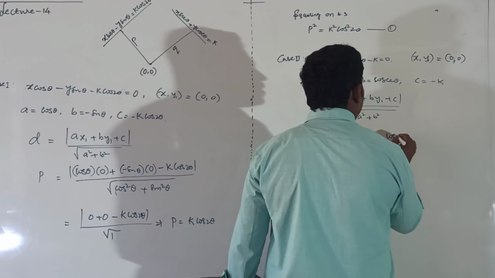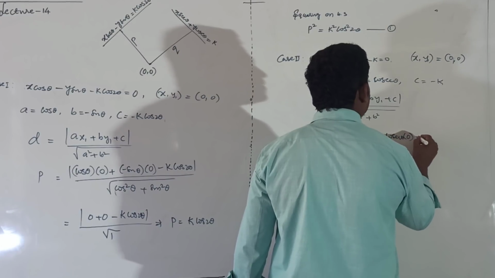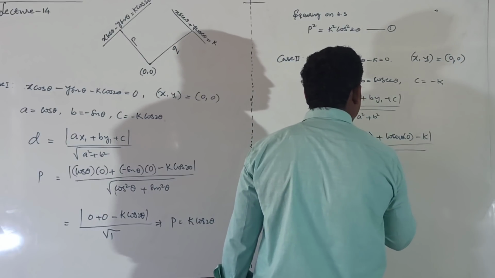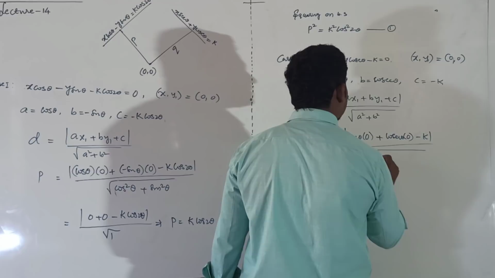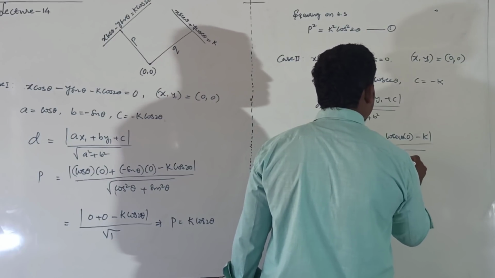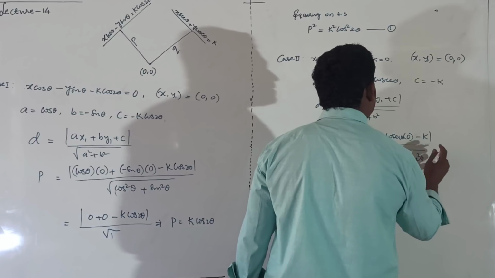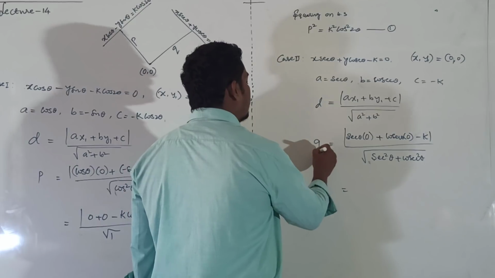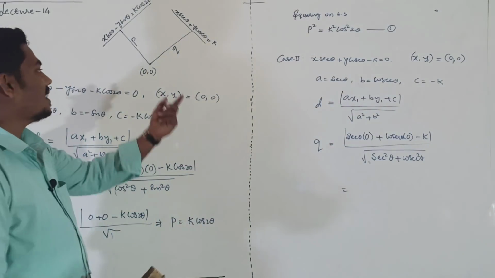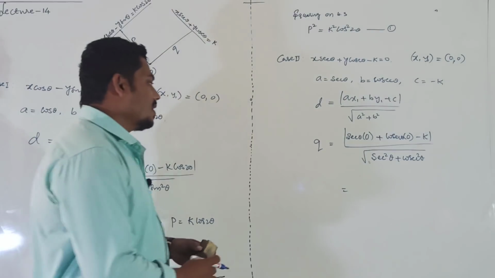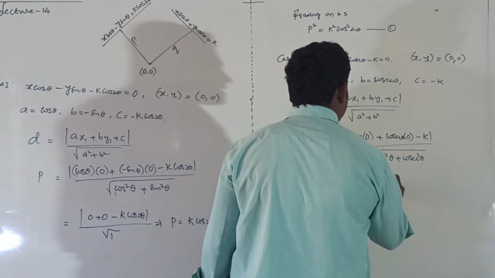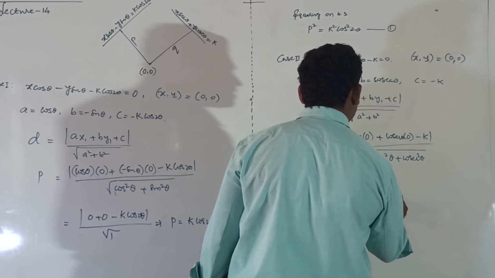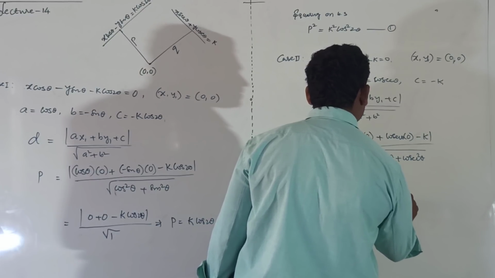Plus cosecant theta into 0 minus k whole thing divided by square root of secant square theta plus cosecant square theta, right? That's equal to. In this case what is d value here? Distance between, in this case d value becomes q only. Q is equal to modulus of minus k divided by square root of secant square theta plus cosecant square theta.